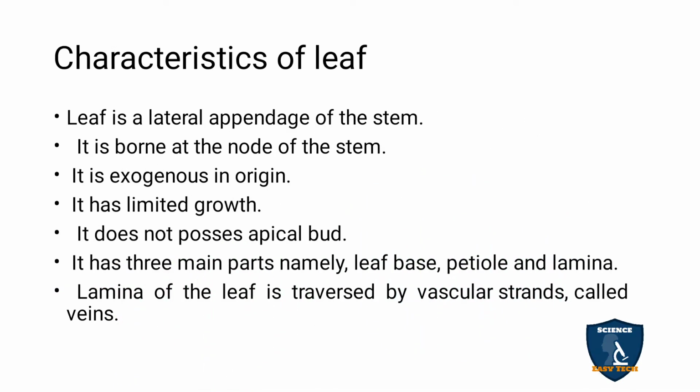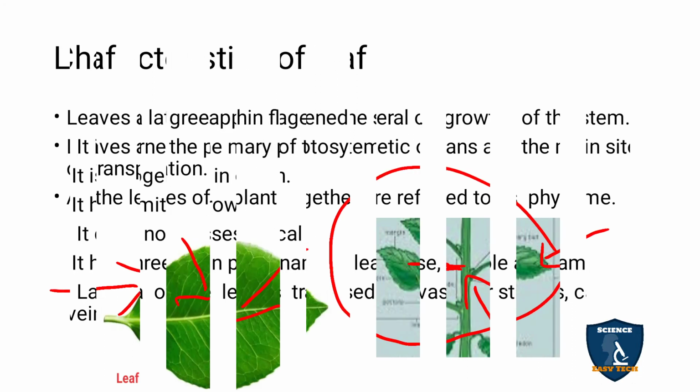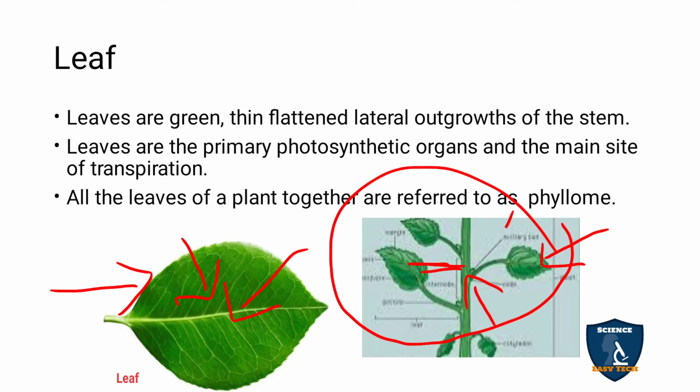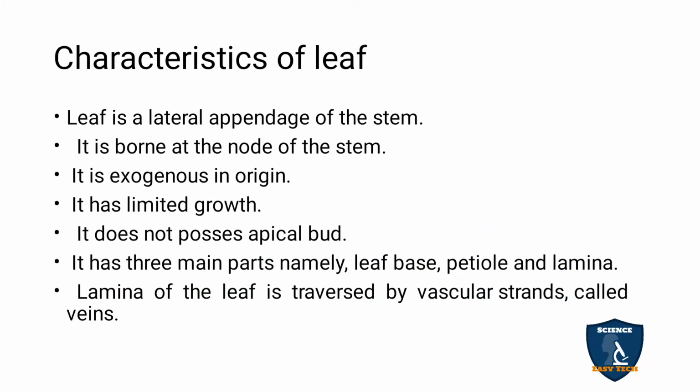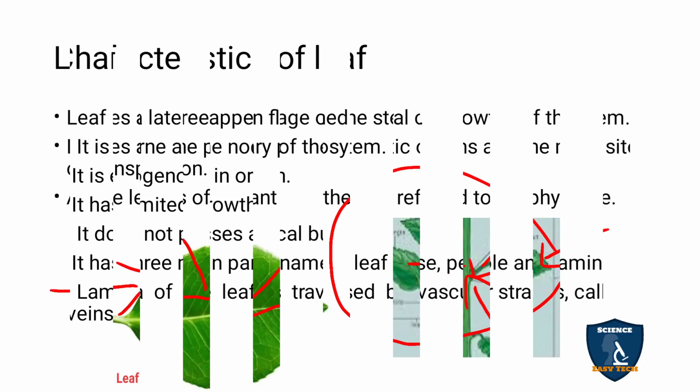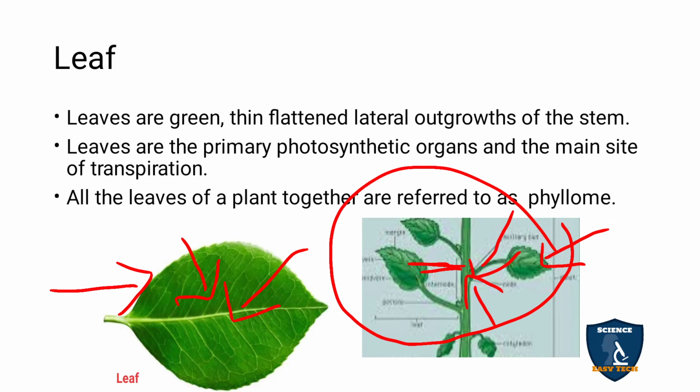Characteristics of the leaf. The leaf is a lateral appendage. You can see the lateral appendage, that is, it is the side appendage of the stem. Okay. It is born at the node of the stem. As I said, it is born on the node.